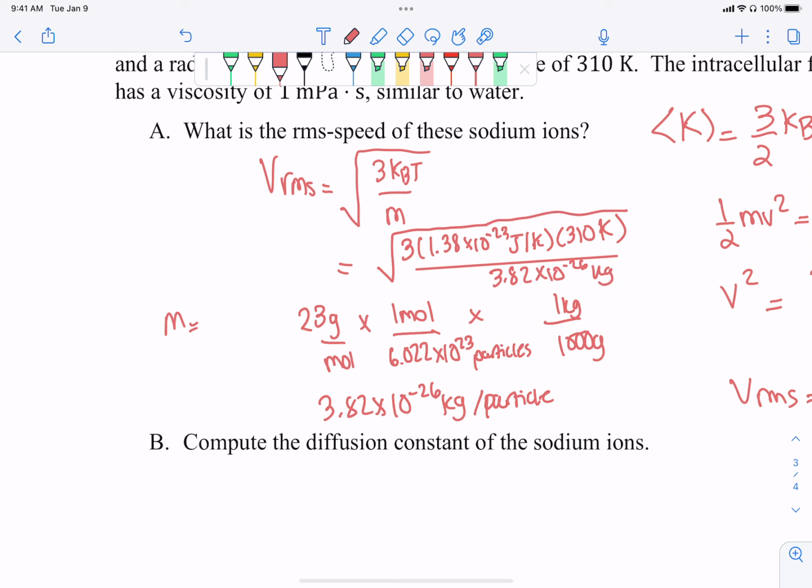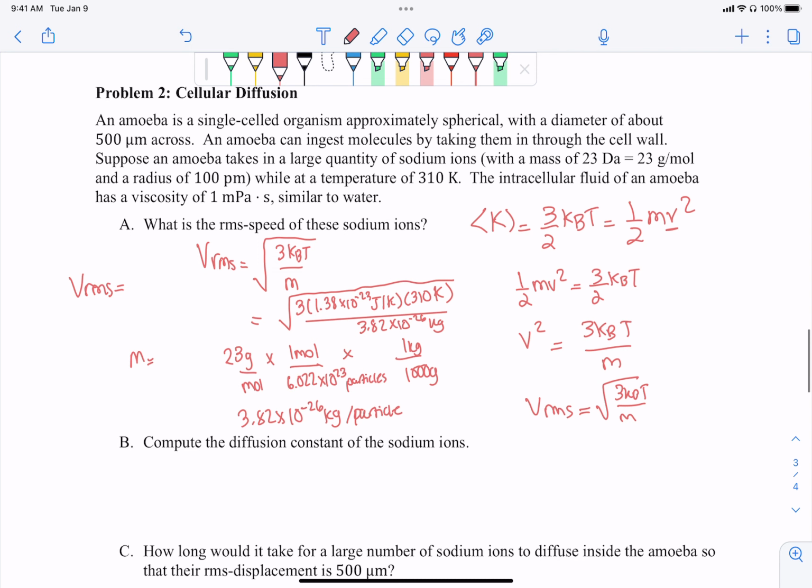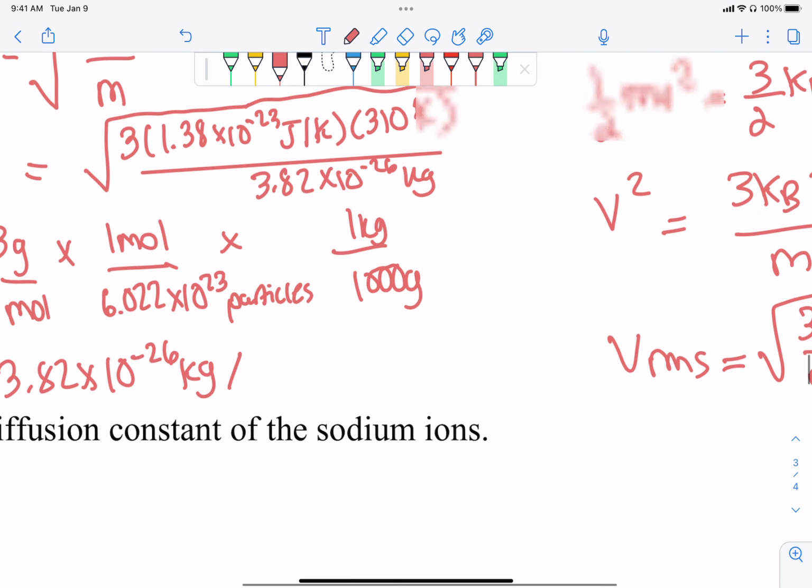Particles or molecules just depends on what they said in the problem. This one said molecules, so it should be molecules, sorry.